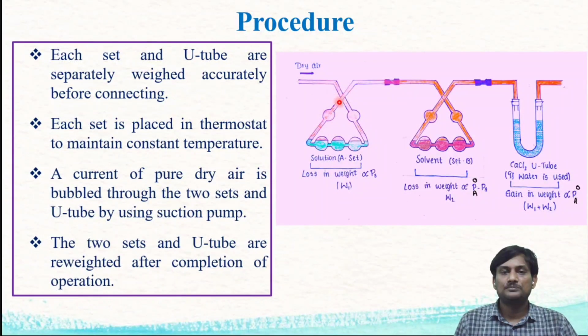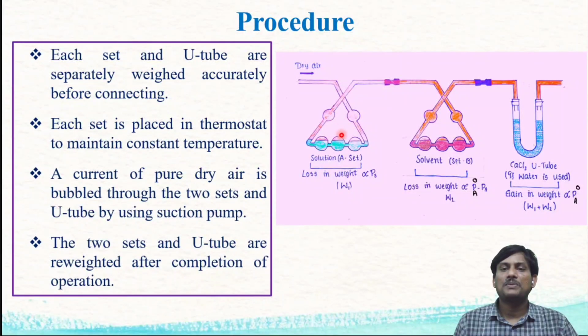After connecting set A with set B and set B with the U-shaped tube, set A and set B should be kept in a thermostat to maintain constant temperature. This is very important. Maintaining constant temperature is very important in this method.